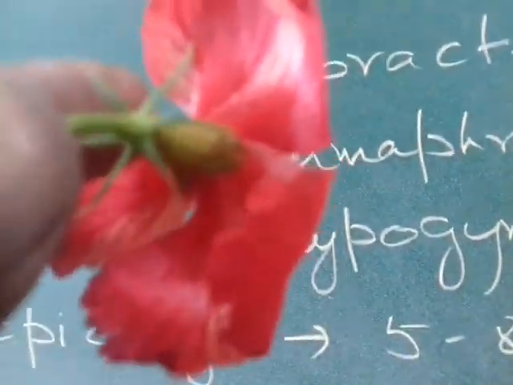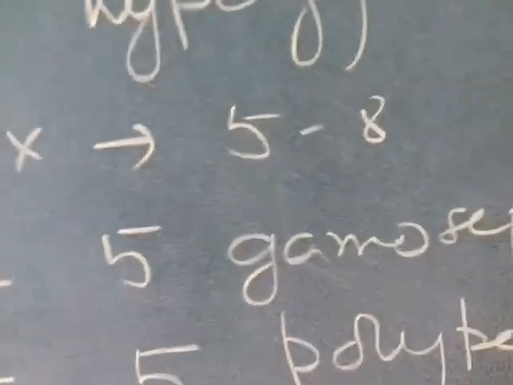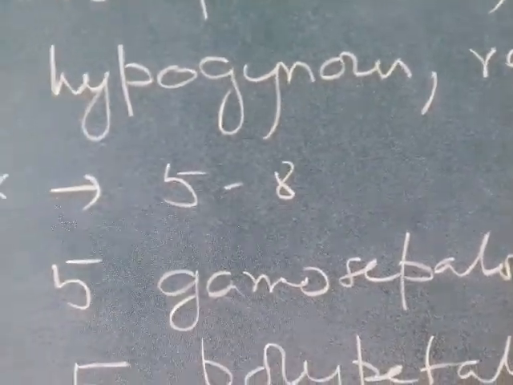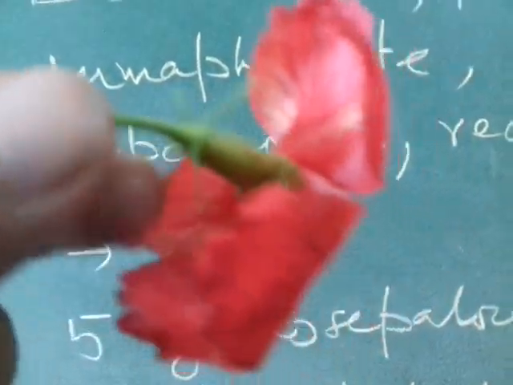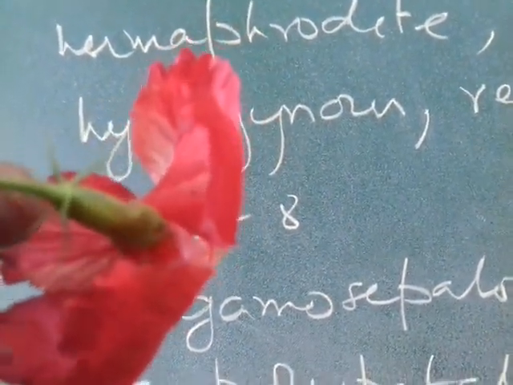Then just above the epicalyx you can see the green colored calyx, and the calyx is gamosepalous with valvate aestivation. Valvate means the arrangement of the sepals is always end to end, which we will see when we study the floral diagram.